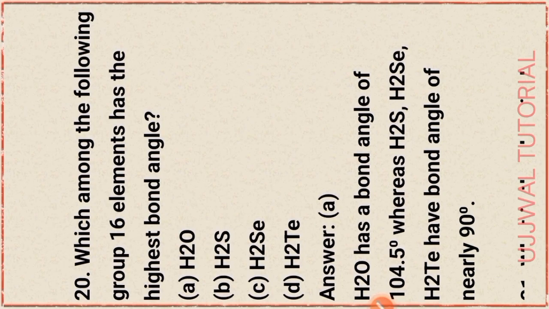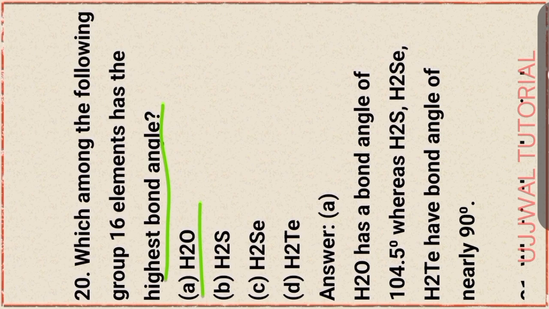Okay. Question number 20. Which among the following group 16 elements has the highest bond angle? Okay. Option A, H2O, water.